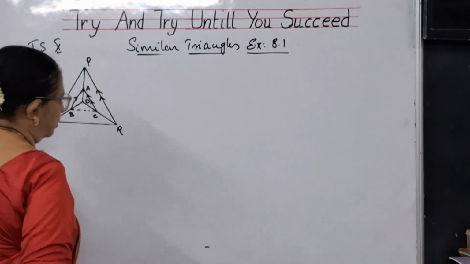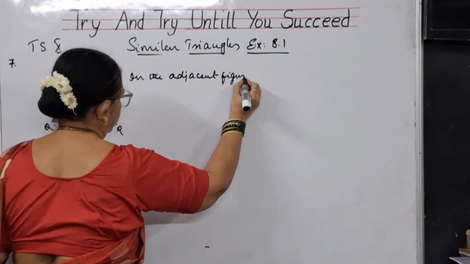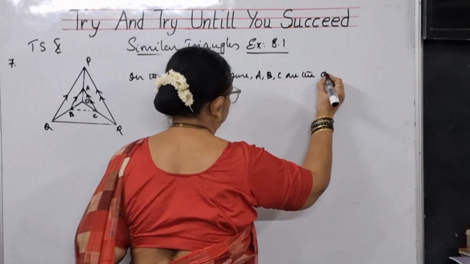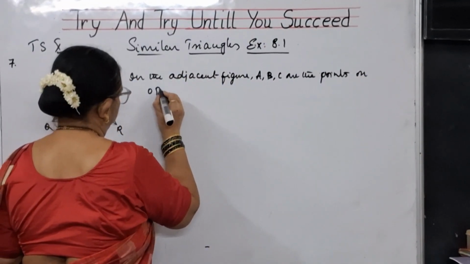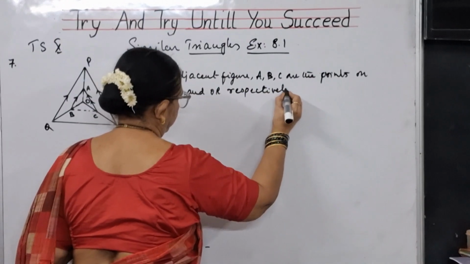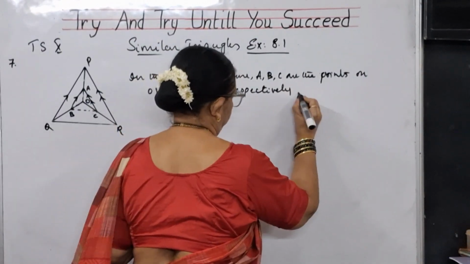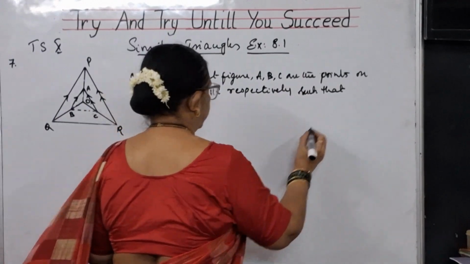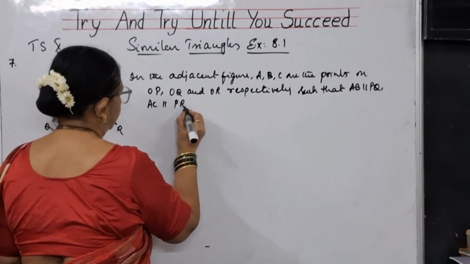Now in the adjacent figure, ABC are the points on OP, OQ and OR respectively such that AB is parallel to PQ, AC is parallel to PR.